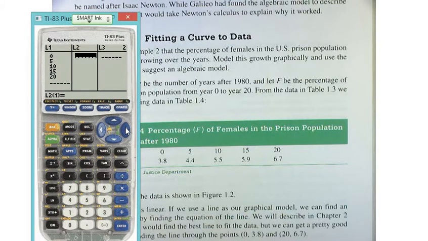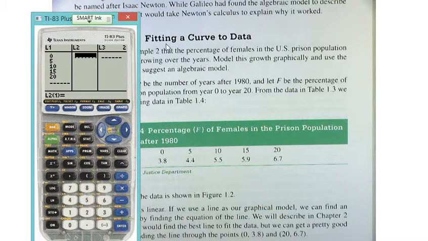Now, based on what I told you guys on the last problem, what is time? We have time versus percentage of female population. Is time independent or dependent? Independent. It's easier to think of what depends on what. So over time, the female population is increasing, right? Time is increasing naturally, right?